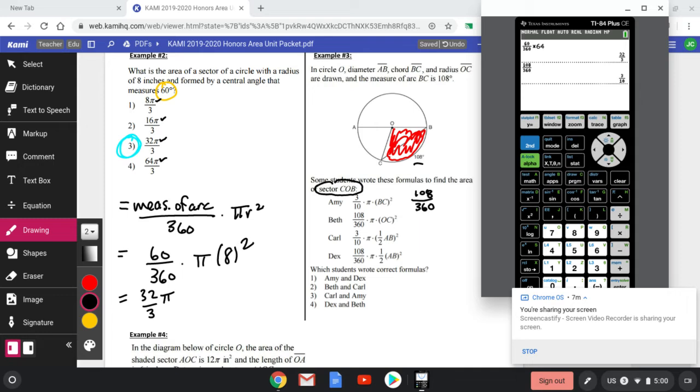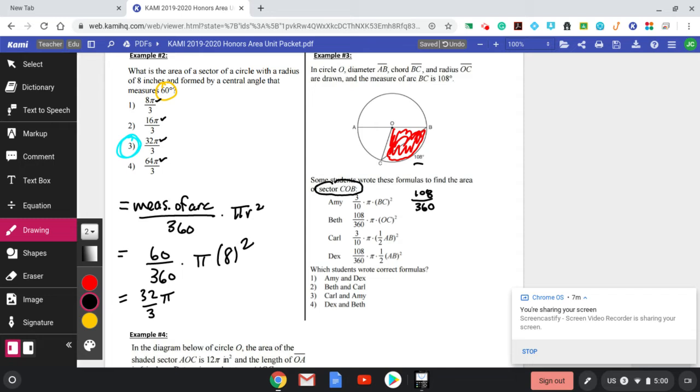So she's all right there. That's fine. Here's the part I don't like. BC squared. Guys, take a look at the diagram. What's BC? BC is a chord. It should be a radius squared, right? Pi r squared. That's a chord. Amy, you've been eliminated. One job.